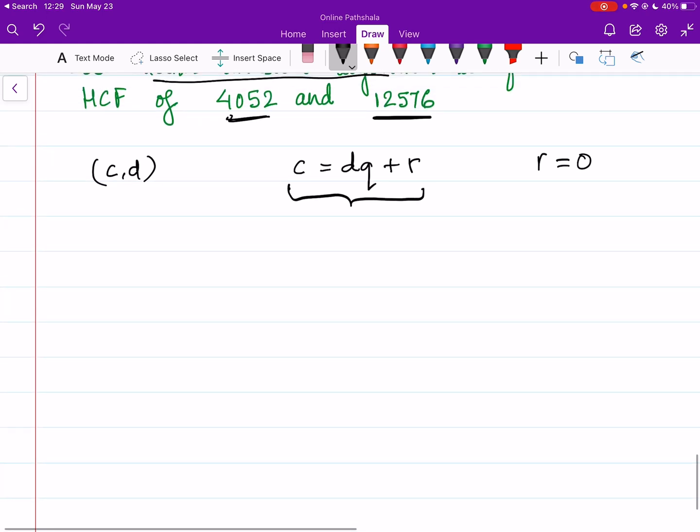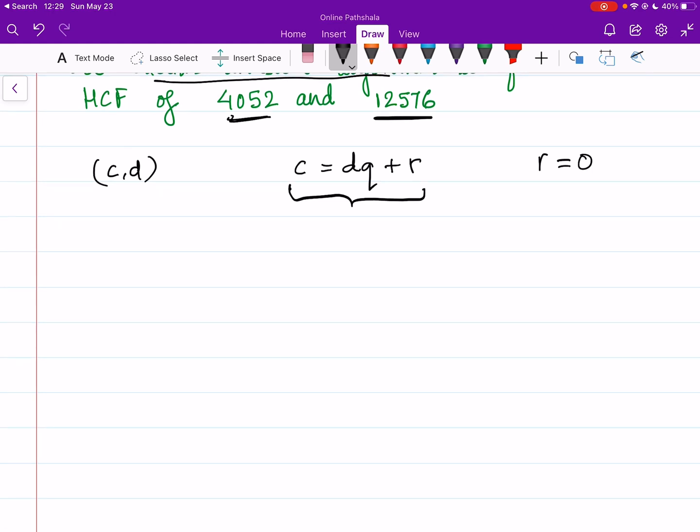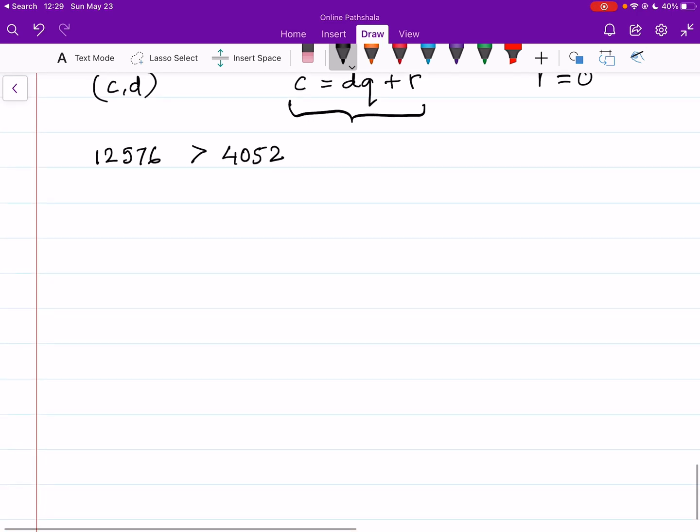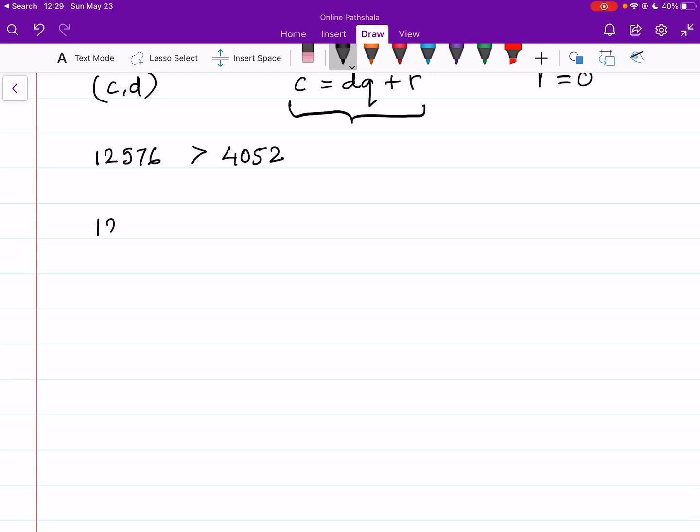Now in this case, the first step is we clearly need to apply the Euclid's division lemma to these two numbers. Since 12,576 is greater than 4,052, we start by applying the lemma to 12,576 equals 4052 times something.